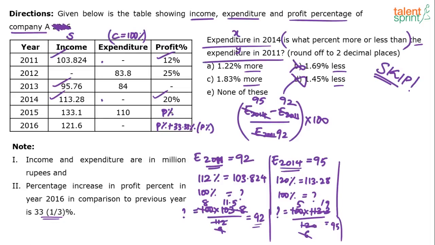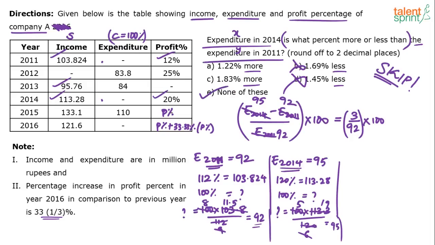Now try to do that calculation. 95 minus 92 is 3. 3 by 92 into 100. So 10% is 9. 1% is 0.9. This is coming out to be more than 3%. So for me the answer is none of this.